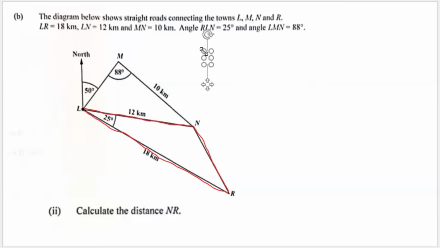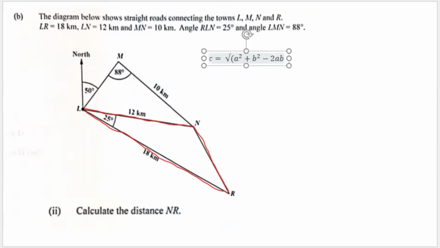What we know from our cosine rule is that c squared, or let's say c, is equal to the square root of everything, because we're taking the square root already. So it will be a squared plus b squared minus 2ab cos theta.